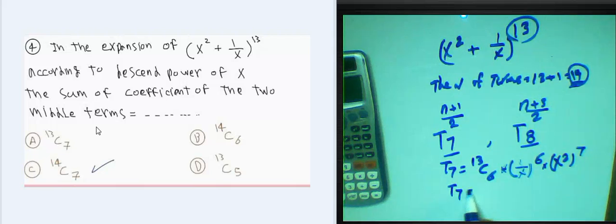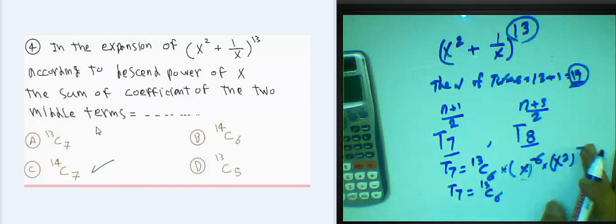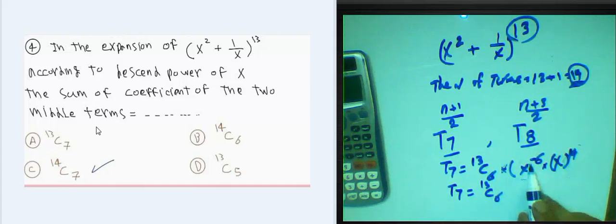Then you can simplify term 7: it will be 13 combination 6, and x to the power of negative 6, and here 2 times 7 equals 14. You can simplify it: 14 minus 6 equals 8. It will be x⁸ in term 7.